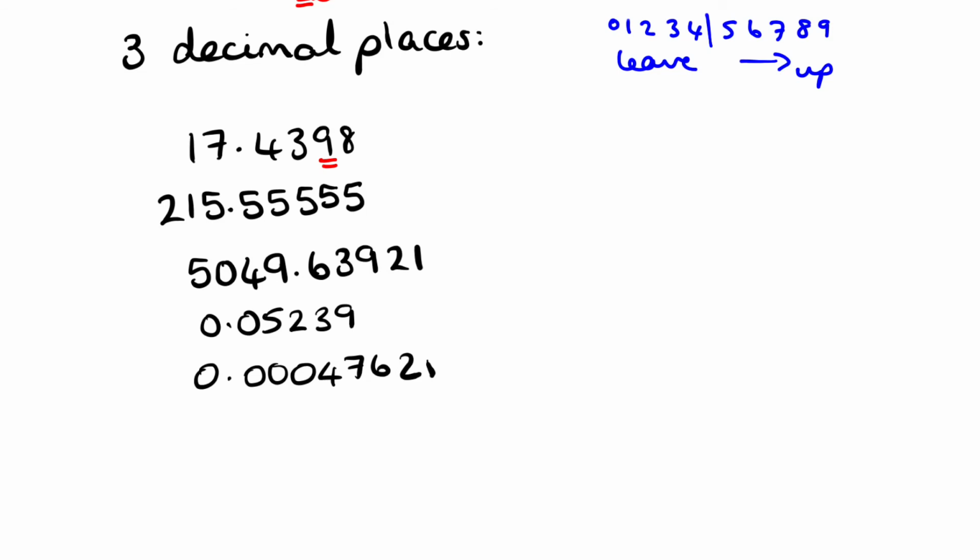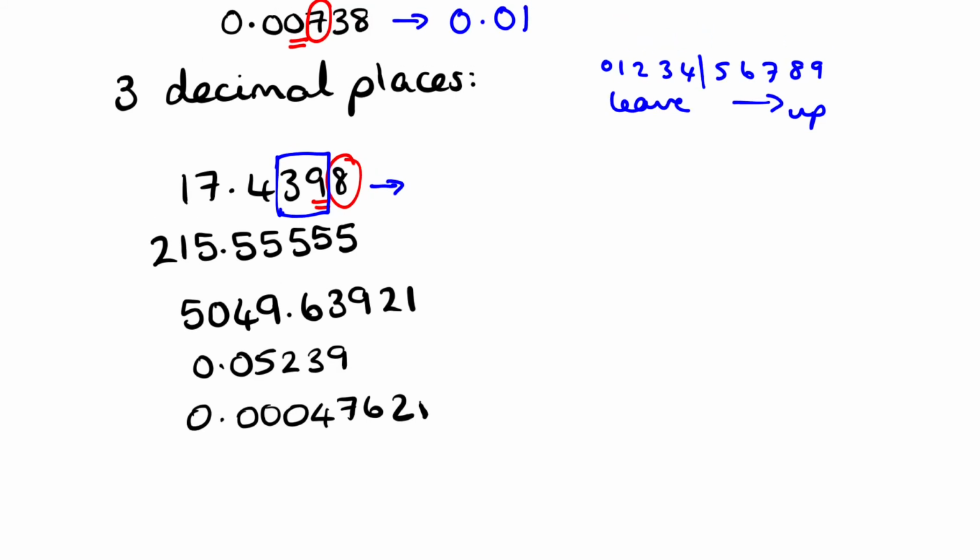So the 9 is in the third decimal place and the 8 tells us to move it up 1. And remember from before, if we're moving a 9 up 1, it actually has a knock-on effect to the next number, because if you think about just looking at this bit here, we're moving 39 up to 40. Okay, so what we get there when we round up is 17.440.